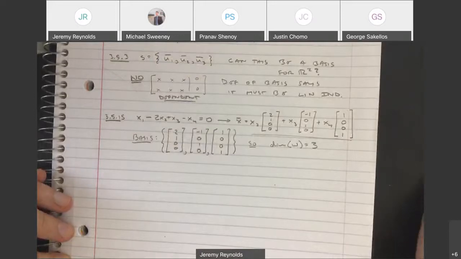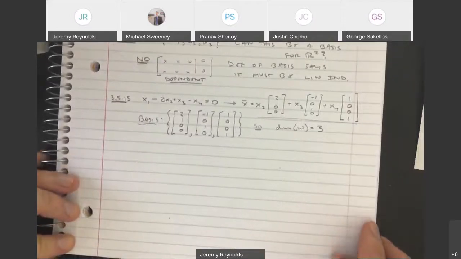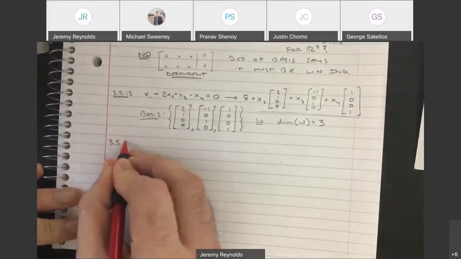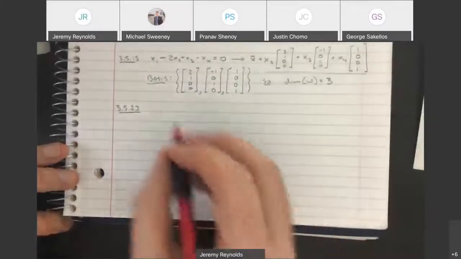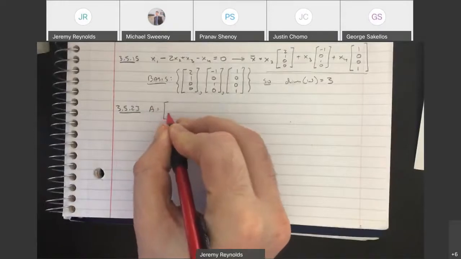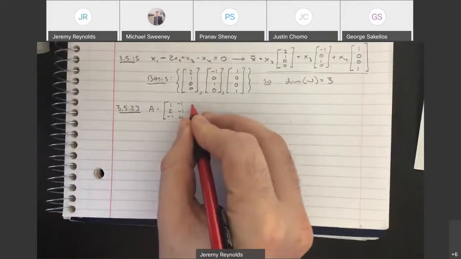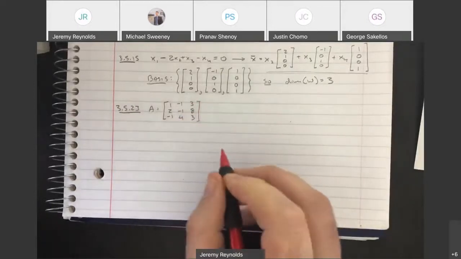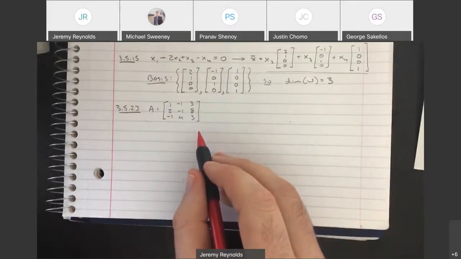So let's look at 3.5.23. If we have A equal to the matrix with rows (1, 2, -1), (-1, -1, 4), (3, 8, 3), we want to know both the nullity and the rank of this matrix.